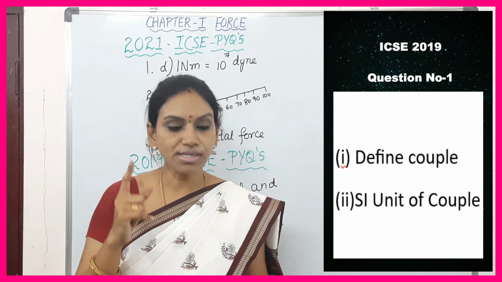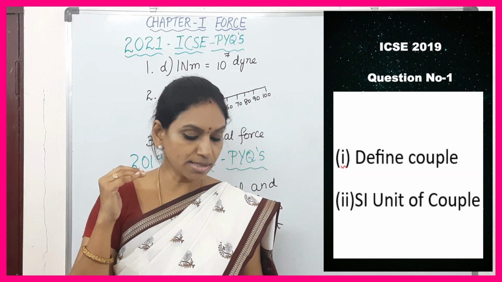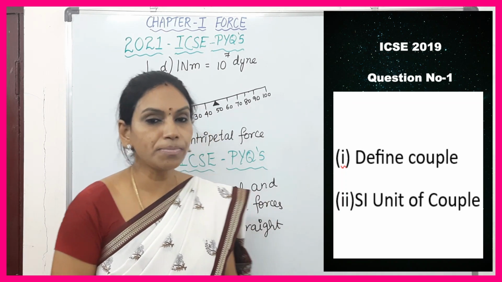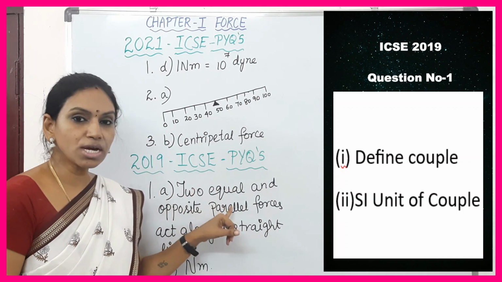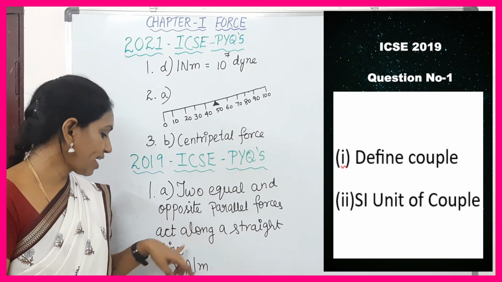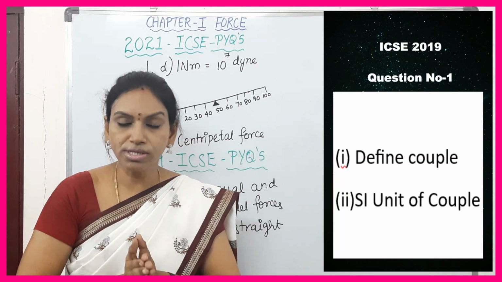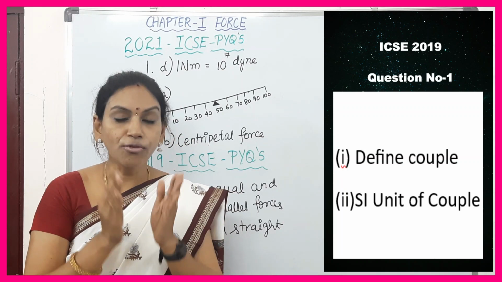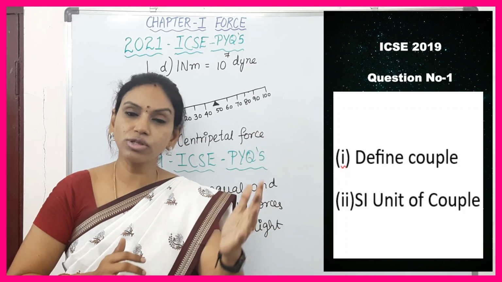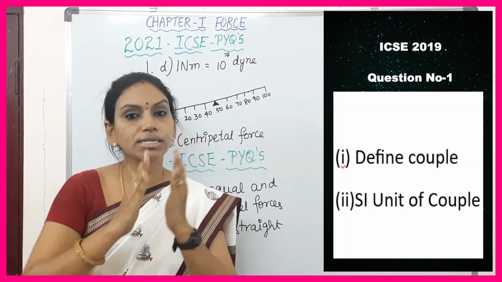So first question is define couple. In that first section, first part, define couple. So how do we define a couple? 2 equal and opposite parallel forces acting along a straight line form a couple. 2 equal forces, and moreover the forces should be in opposite directions. See, both forces should not act on the same side. If one force is acting on this side, the other force should act on the other side.